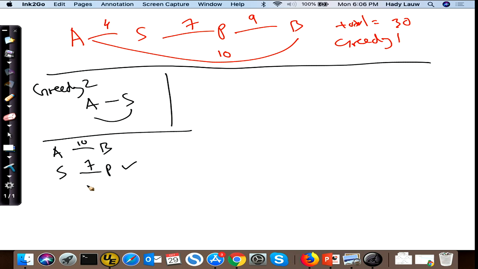So which means that we're going to put P next to S. Putting P next to S could mean that P comes before S or after S. So the 2 options are APS or ASP.